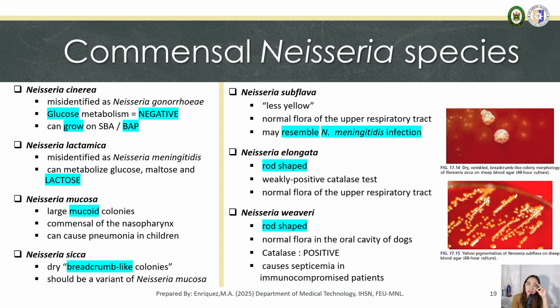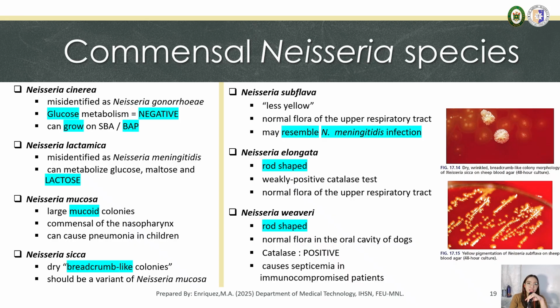Pero ang Neisseria elongata, weaveri, and bacilliformis, they are gram-negative bacilli or gram-negative rods. All right. So the catalase test for this group of species is negative or weakly positive compared to the other Neisseria species.